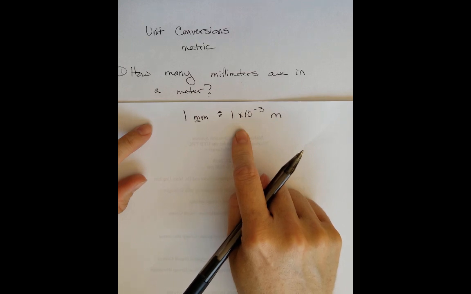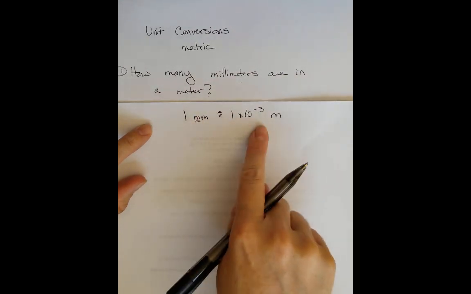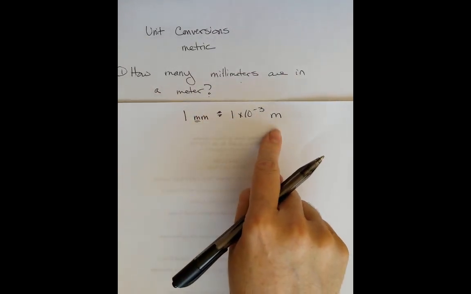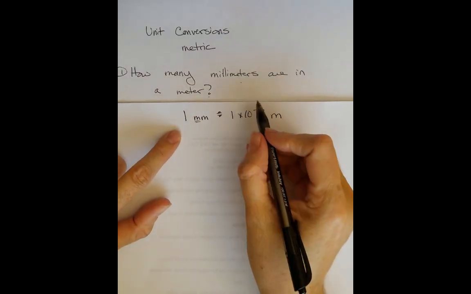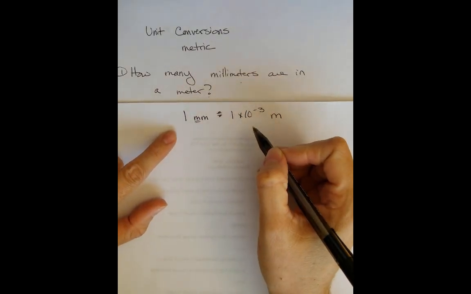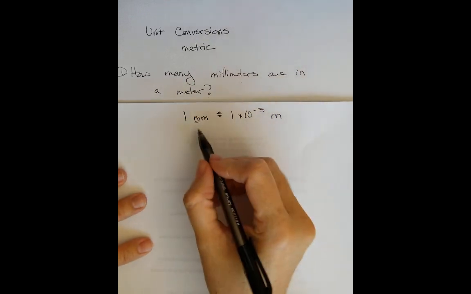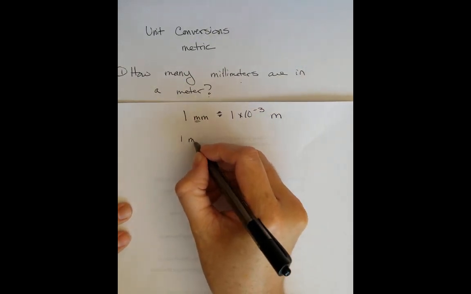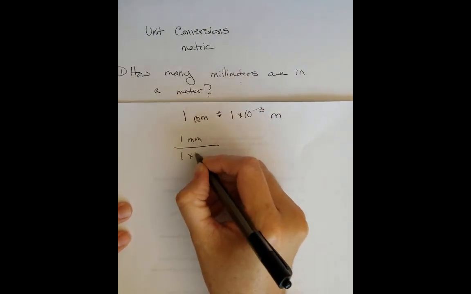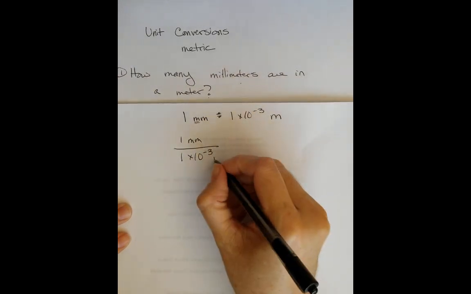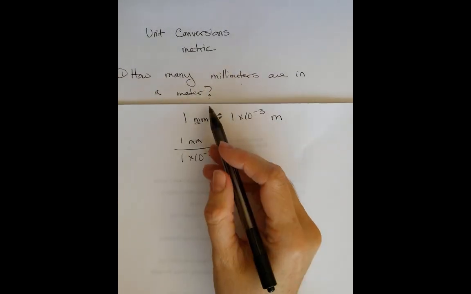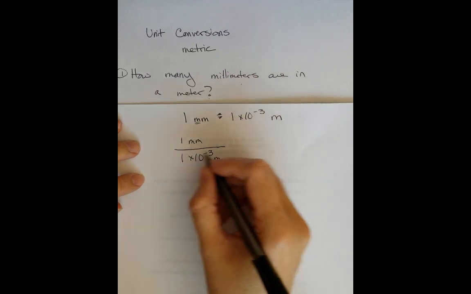So we want to know how many millimeters are in 1 meter. Well, if this is the unit I have, really all I want is the reverse. So I know that it's 1 millimeter in 1 times 10 to the negative 3 meters. And I'm being told that I have a whole meter.